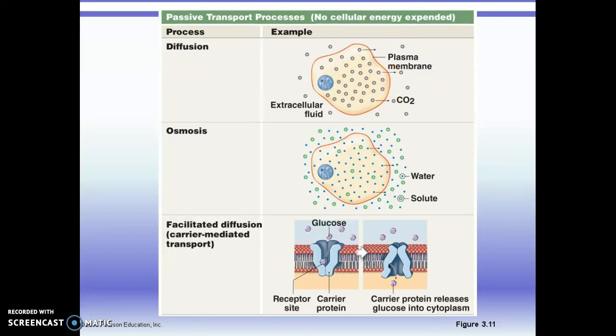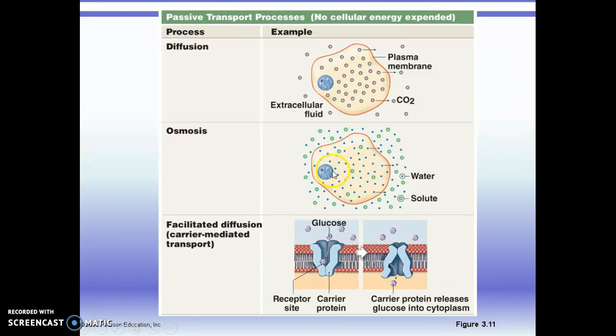Osmosis is passive as well. Osmosis is just the flow of water, and water will flow across the membrane. So this water will flow from an area where there's more water to an area where there's less water. So inside the cell, there's proteins, there's carbohydrates, there's lipids, there's all kinds of substances.